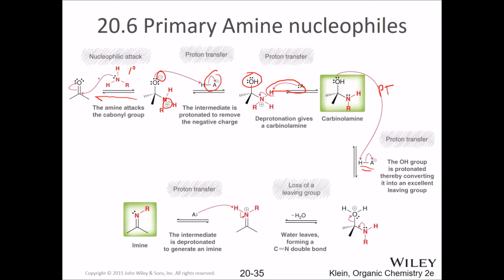This is a proton transfer. This is a proton transfer. This is a proton transfer. This is not a proton transfer. Now, we have water as a leaving group because we transferred another proton on there.